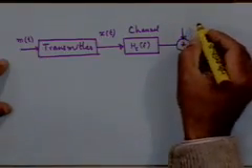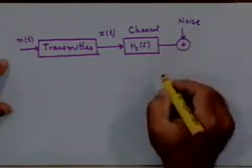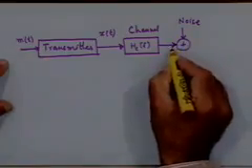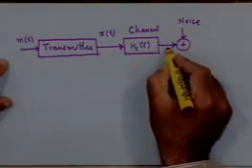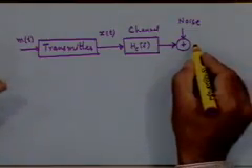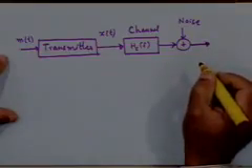This block here is essentially an adder which adds to the output of the channel some noise of an appropriate kind, and that's what you receive at the receiver, right?